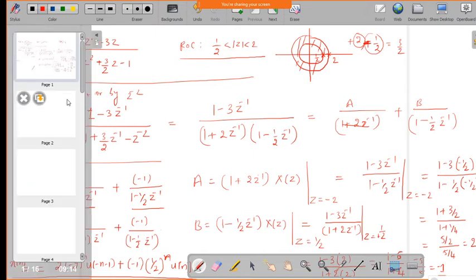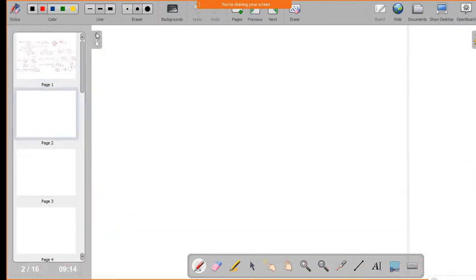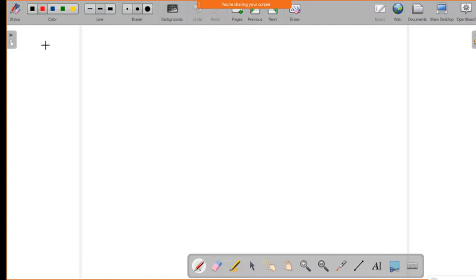Try to do this one in a similar fashion. X of z is given by (8z square plus 4z) divided by (4z square minus 4z plus 1).